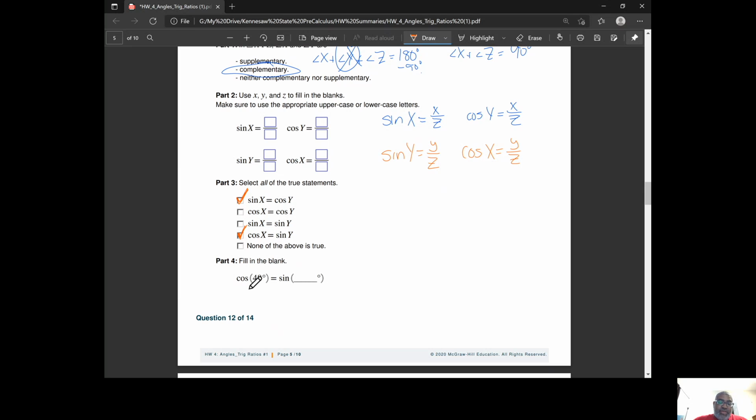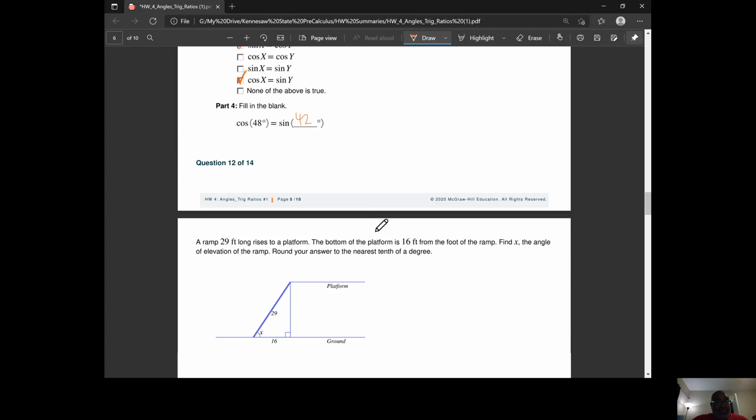So in other words, the cosine of x is equal to sine of whatever. If this is x, this is y, and x plus y is equal to 90 degrees. So 90 minus 48 is 42. So this is 42 degrees. Okay, this is powerful. You'll need all this. Let's keep going because I think it's obvious. Kind of sleepy.